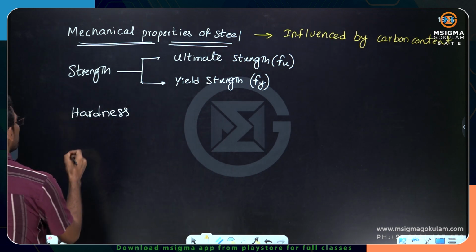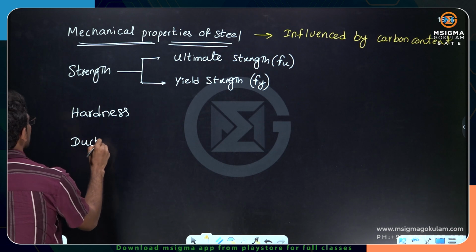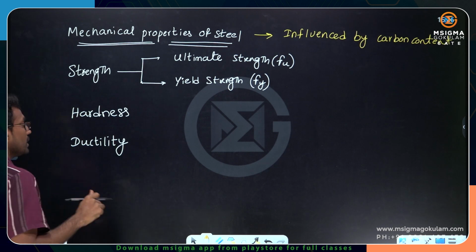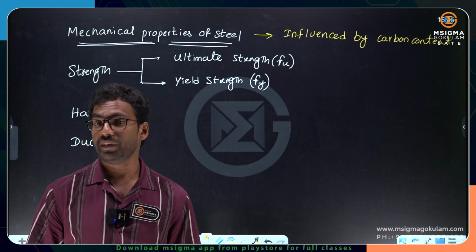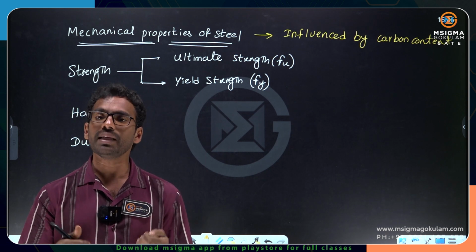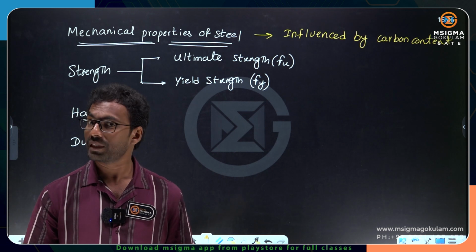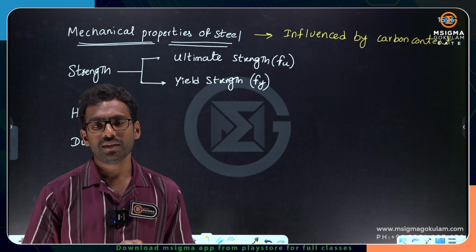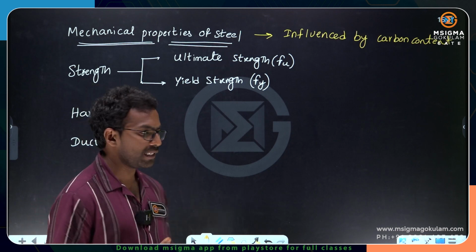And we have something called ductility. What is the meaning of ductility? It is the resistance offered by a material against abrupt failure, sudden failure, and the material has a tendency to undergo large deformations, or large tensile strains, when a tensile force is applied. Such a property is what we call ductility.